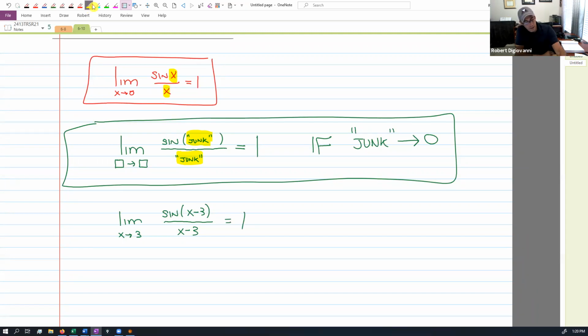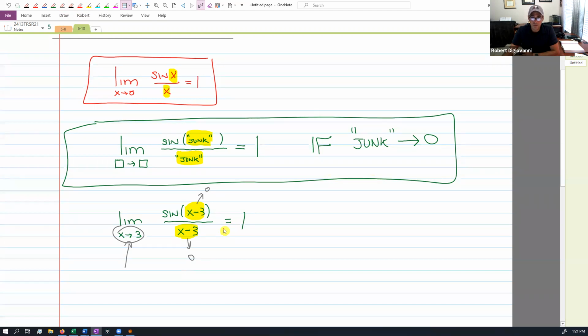Well, I have something in here, x minus 3, and that matches exactly what's down here. And when I let x go to 3, that junk goes to 0 and that junk goes to 0. So as long as both of the junks go to 0, then this limit is going to be 1.